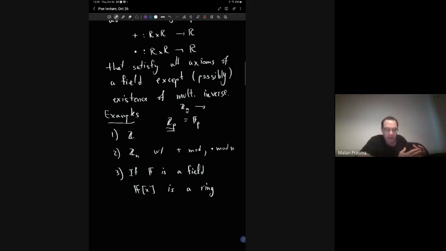So it's convenient to have an intermediate notion, right? Because if you look at this definition of rings, then of course every field is a ring. So the set of all fields is contained in the set of all rings. And every ring is in particular an abelian group.